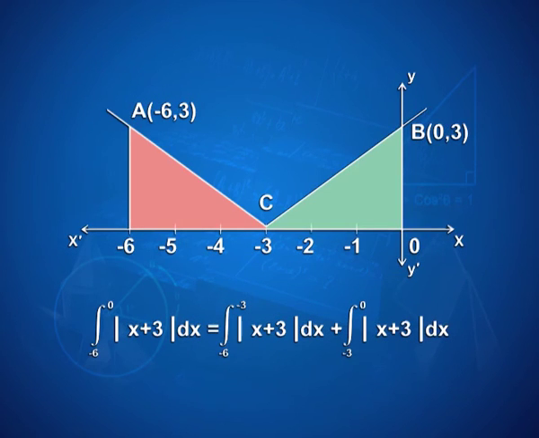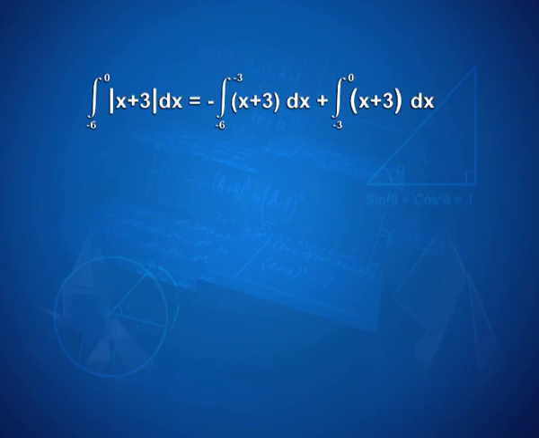We can see in the figure A coordinate is minus 6 comma 3 and B is 0 comma 3 and therefore, the required integral minus 6 to 0 modulus of x plus 3 dx can be calculated as integral minus 6 to minus 3 modulus of x plus 3 dx plus integral of minus 3 to 0 modulus of x plus 3 dx.